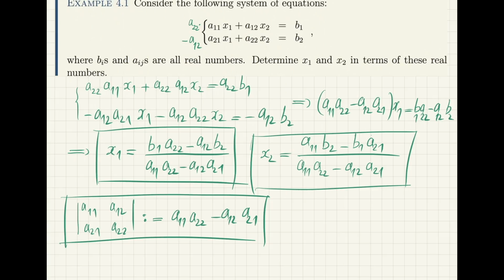Okay, now let us consider the numerator of, say, x1. You see that the structure of its numerator is similar to the structure of its denominator. This is the difference of two products, and each product contains exactly two factors. So they have similar structures.